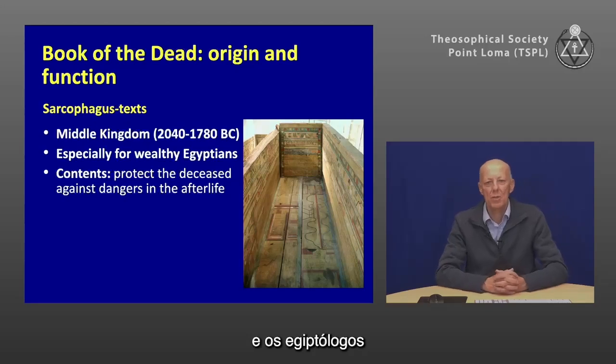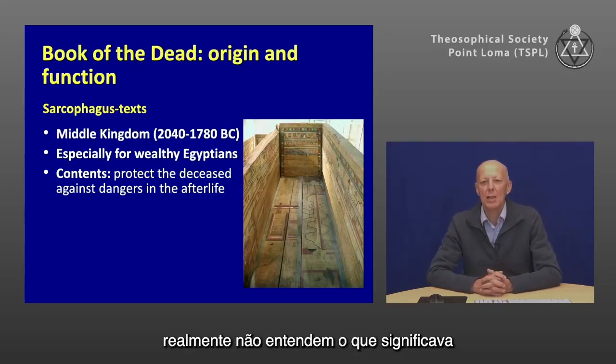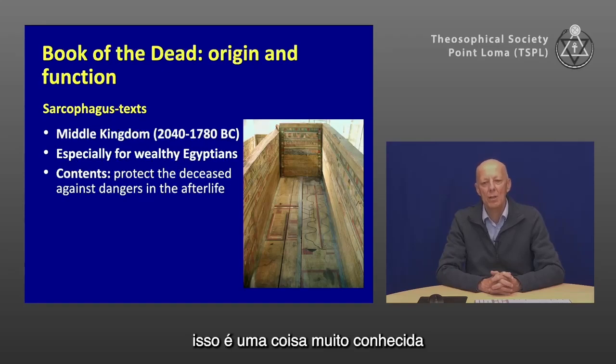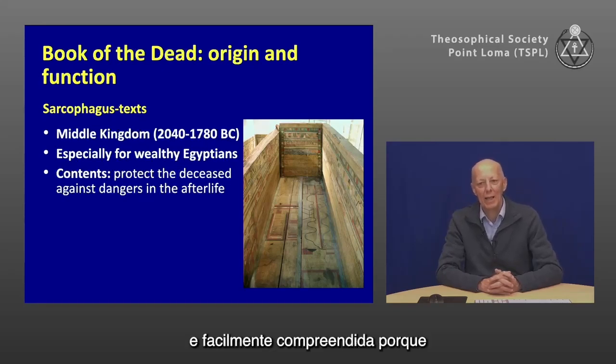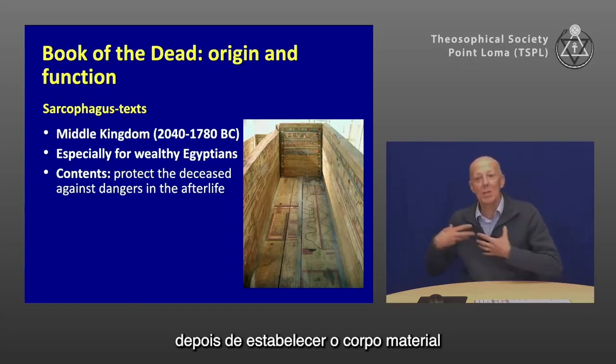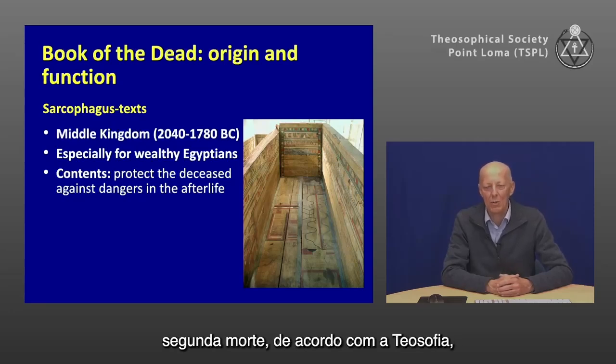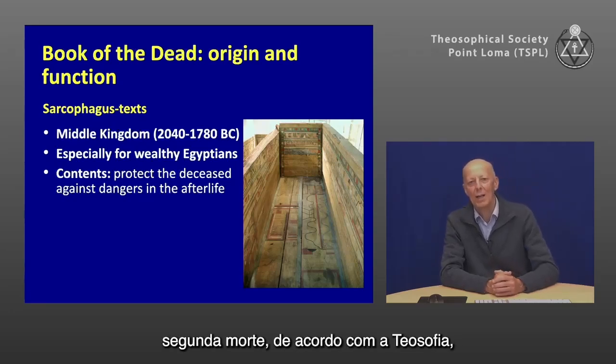The Egyptologists really don't understand what was meant with that idea of not dying a second death. But from the Theosophical viewpoint, this is a very known thing and is easily understood, because after laying down the material body, after our material death, there is also a second death according to Theosophy.